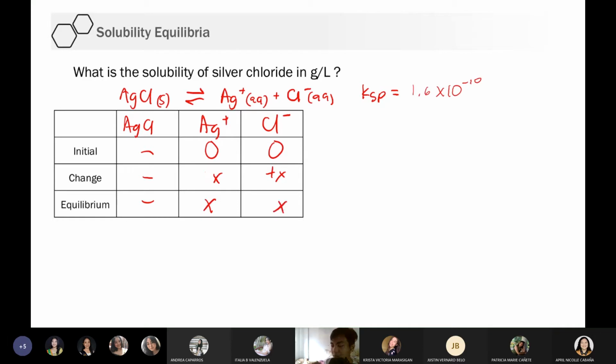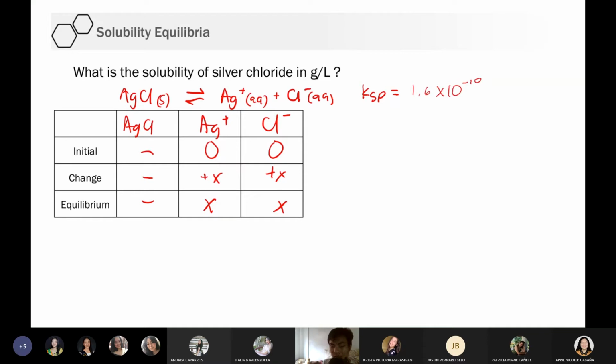Also, please be reminded, kapag meron kayong coefficients, you have to include it sa C, sa change, ha? Kunwari may 2 dito, lagay mo yung 2 doon. Kunwari may 3 dyan, lagay mo yung 3 doon. Don't forget that. Okay? So, ganun lang.